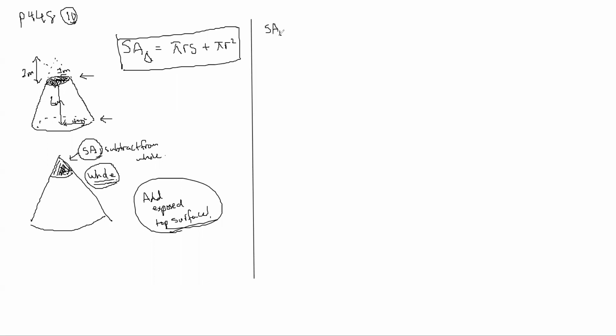Surface area of the whole uncut cone, and that is going to be pi rs plus pi r squared. What is r? It is given to us as 4 centimeters. What is s? Ooh, that I can only calculate if I were to use the Pythagorean theorem. I need to find the s.